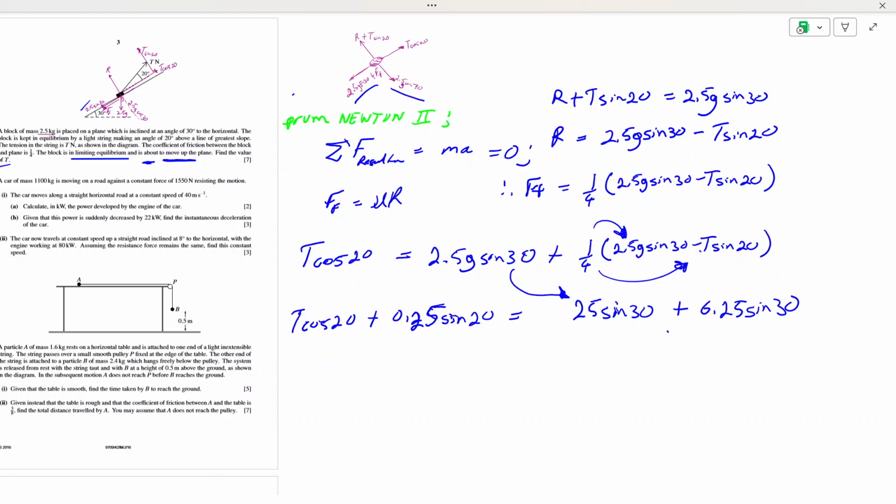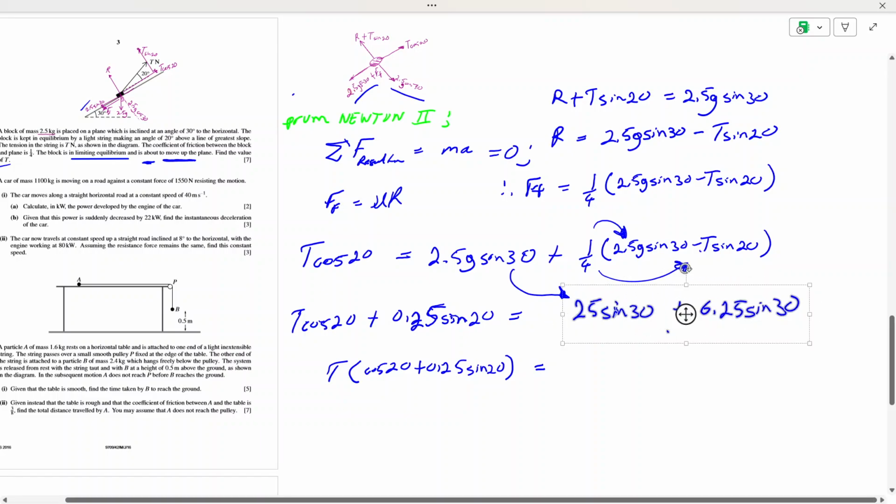Then I can factor out the T on this side. Then I'm going to have T times cos 20 plus 0.25 sine 20, and it's going to be equal to this whole thing here.